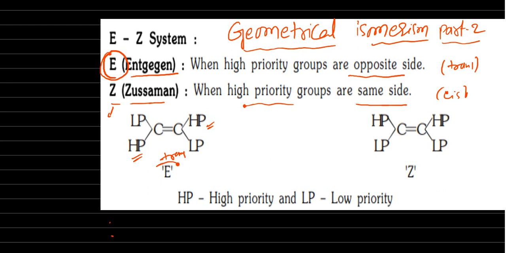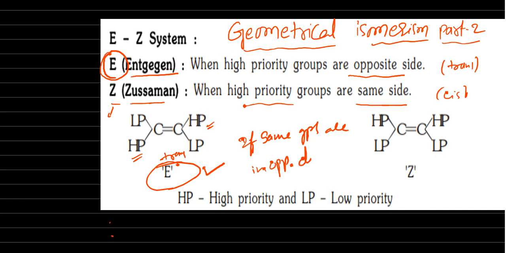But here we are giving the nomenclature differently, that is E. Trans is when the same groups are in the opposite direction. But here two different groups are there, so preference is needed. What is that preference? We will discuss it.